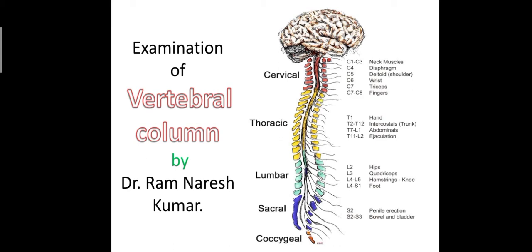The normal physiological vertebral curves are mild lordosis of the cervical vertebrae, thoracic kyphosis, lumbar lordosis and sacral kyphosis. If these curves get exaggerated due to disease or trauma, it is abnormal.